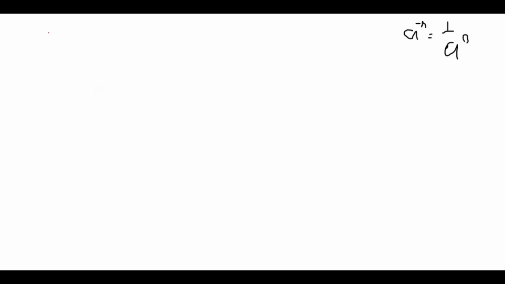Let's try another one. Let's say we have 5 to the power of negative 3. Now in this question, 5 is representing a and negative 3 is representing negative n.